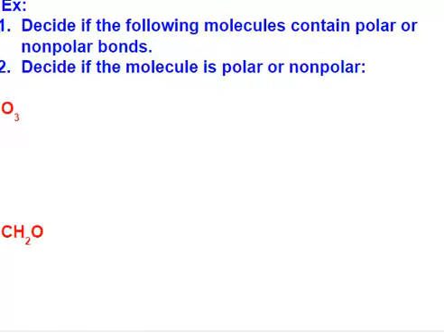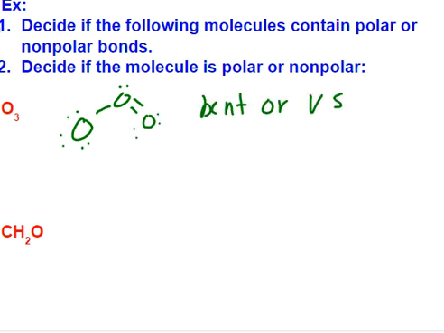So I've got O3 here and CH8 and I'll add a couple others here, but these are two molecules we've looked at a couple times tonight. O3, remember, has a bent or V shape. But what's true about the bonds in O3?